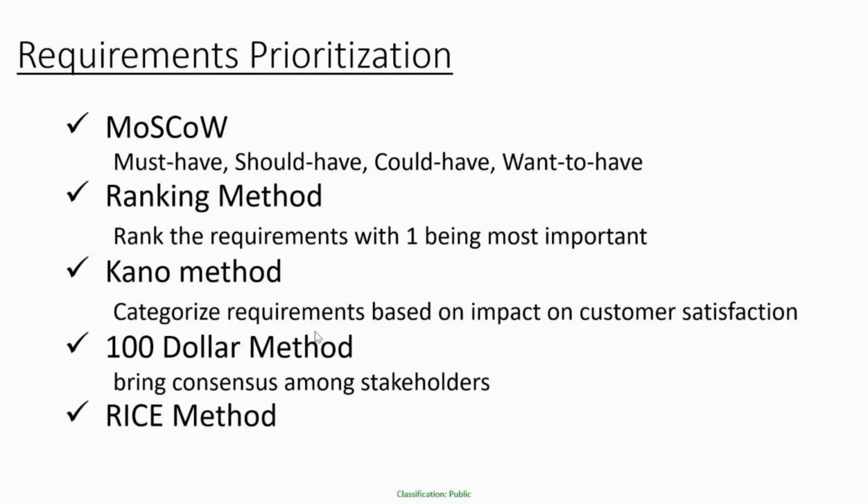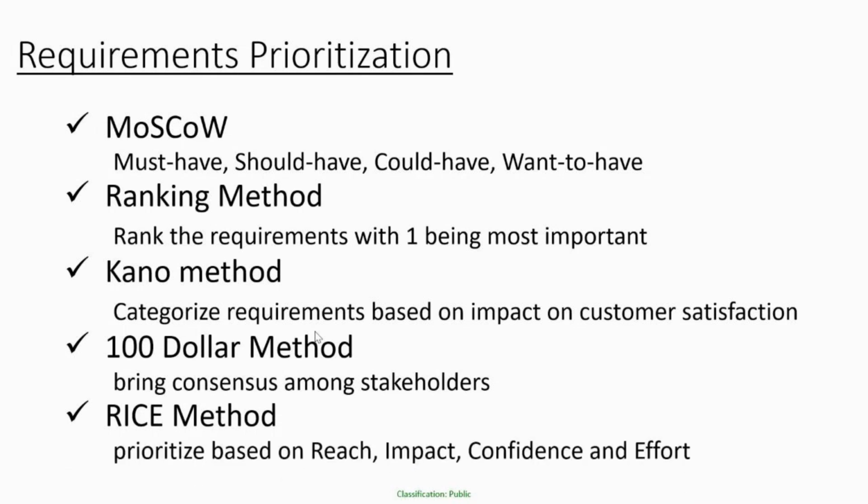Finally, you have the RICE method, which focuses on four specific factors: reach, impact, confidence, and effort. And based on that, there's a calculation done, and this is a way in which you will be able to quantify and put a score for every requirement, and that helps in proper prioritization of the requirements.